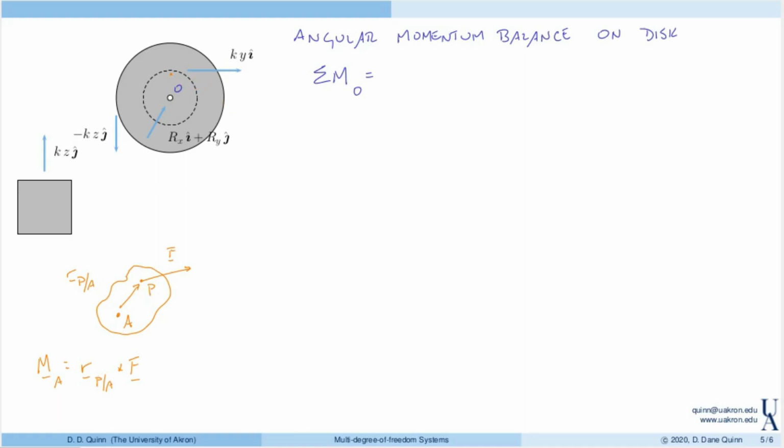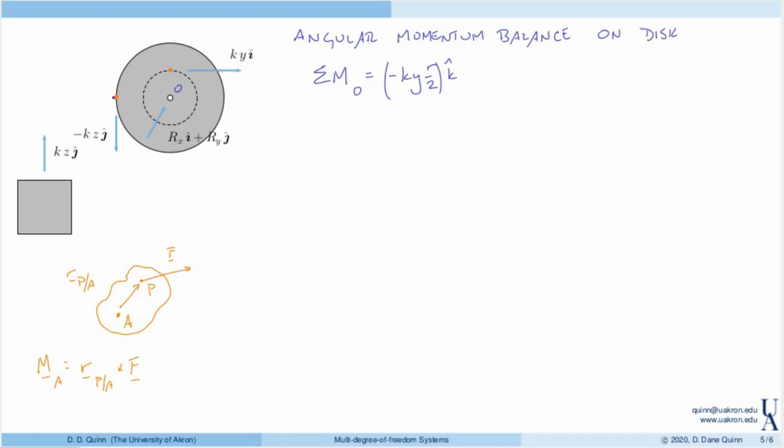So now if I look at these forces acting on the disk, this force acts at this point, right? So straight above point O. So as a result, we can calculate the moment as minus k times y R over 2 in the k direction.